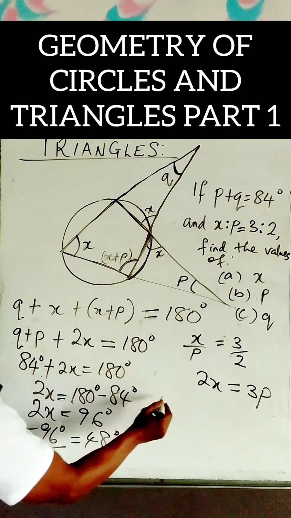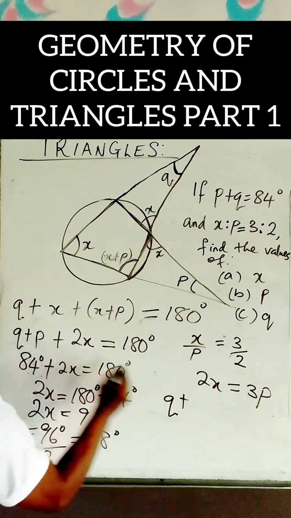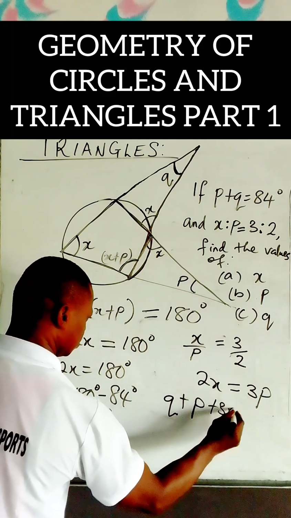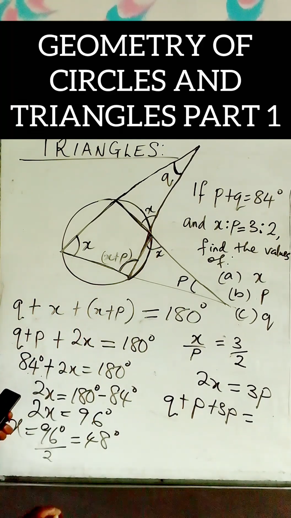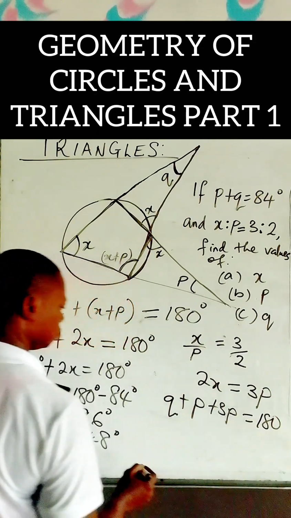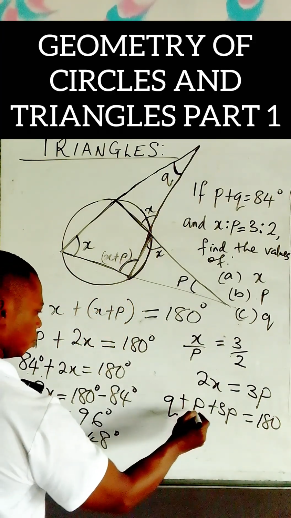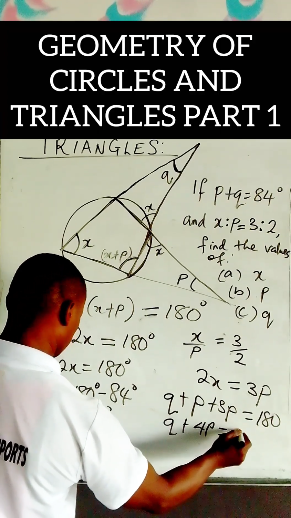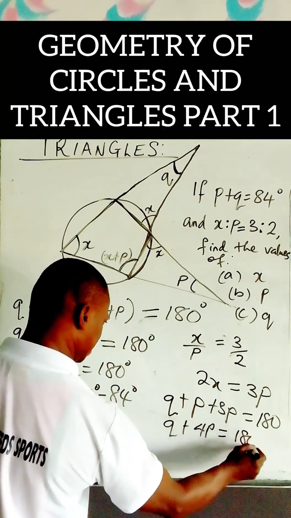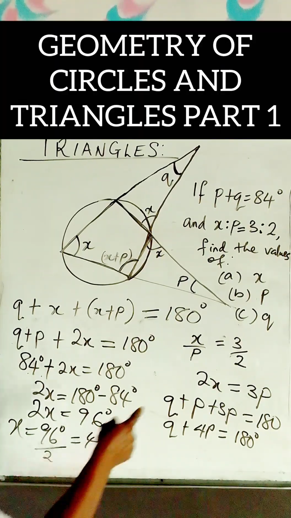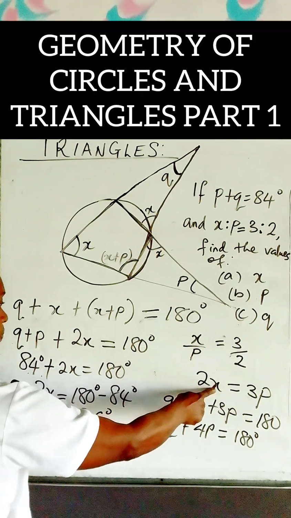So at that point, Q plus p plus 3p will give us 180 degrees. So adding this together, Q plus 4p should give us 180 degrees. At that juncture, we can also solve for p.